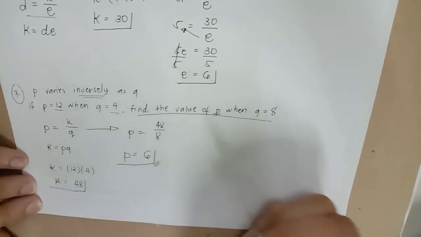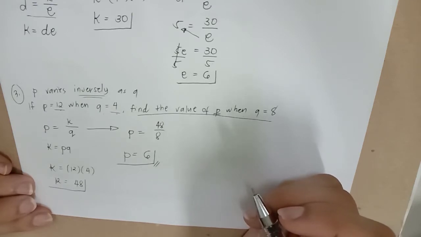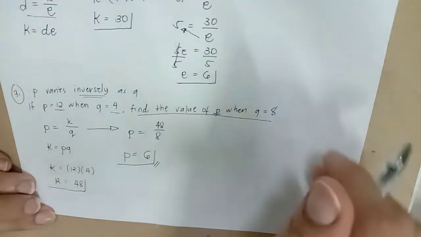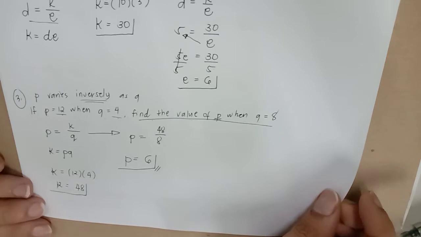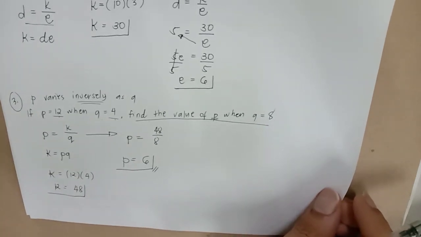So, ayan po yung tamang sagot for the number 3 mathematical statement. Kung mapapansin nyo, lahat pala sila 6 ang sagot. Kakaibang way, pero pare-pareha sila ng sagot. Ayan po yung sa inverse.